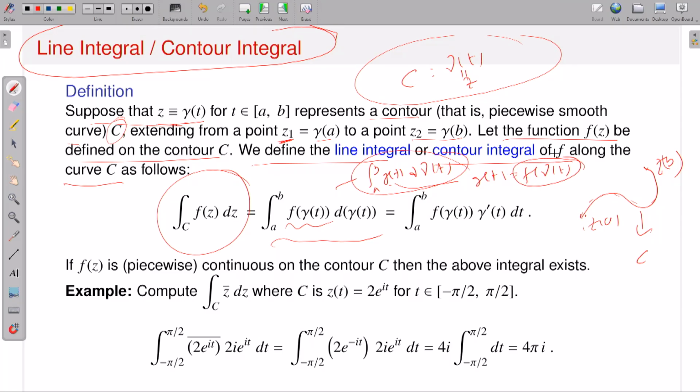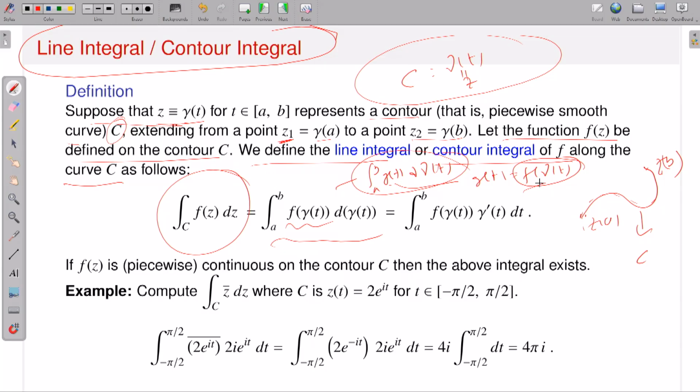So if I have a contour C, it will have a parameterization gamma. Then you have a given function f defined on the contour C. Therefore f composed with gamma makes sense, right? So let it be the function g. So g is a complex valued function defined on the closed interval [a, b]. Gamma is a piecewise smooth curve or contour, so it is a function from the closed interval [a, b] to C, and a piecewise smooth curve or contour is a function of bounded variation.